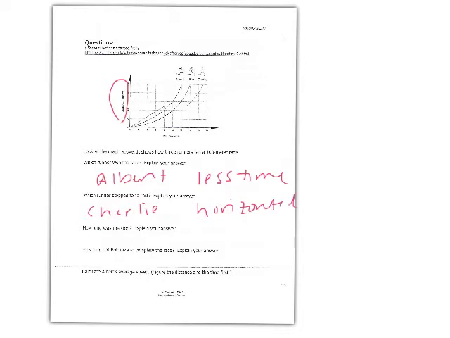Then how long was the stop? Explain your answer. So again, you have to look at that horizontal line, but then use the x-axis, where time is, to figure out how long. It starts at 8 and ends between 12 and 14, so we'll call that 13. So 13 minus 8 equals 5 seconds.